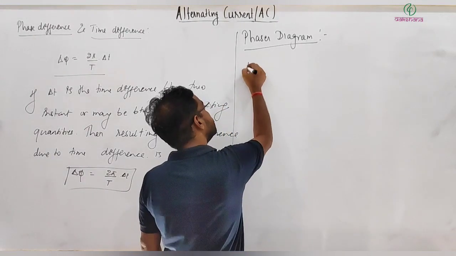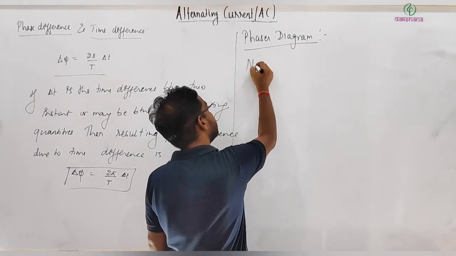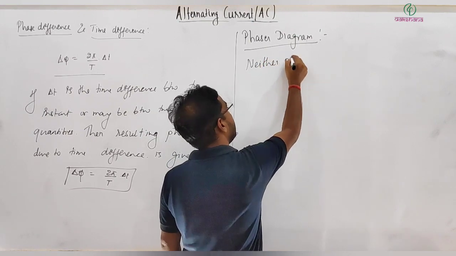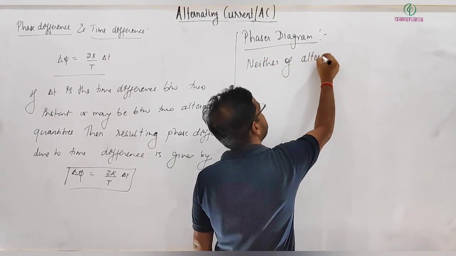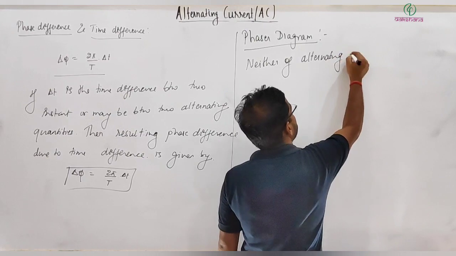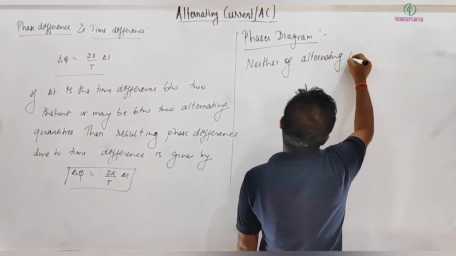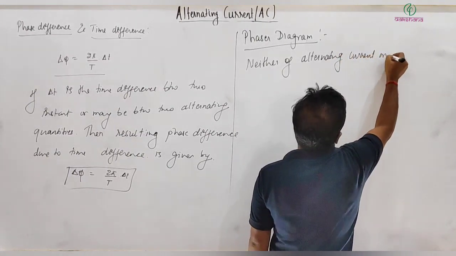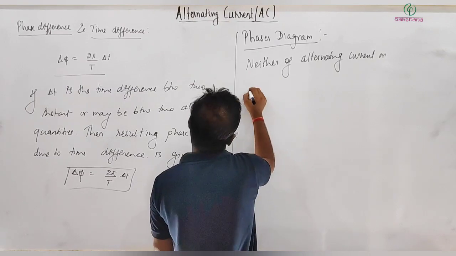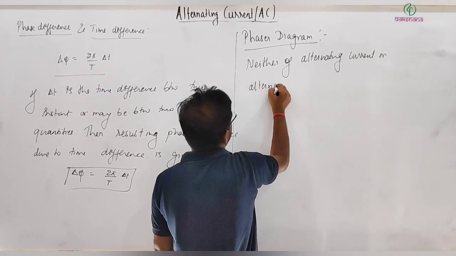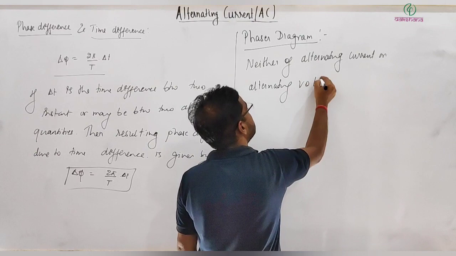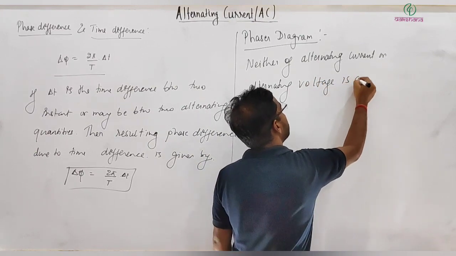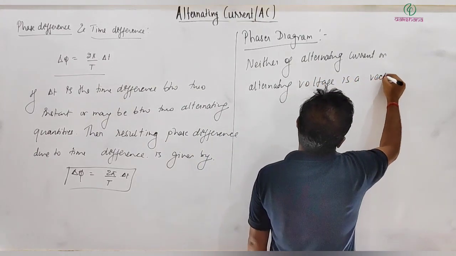So neither alternating current or alternating voltage is a vector quantity.